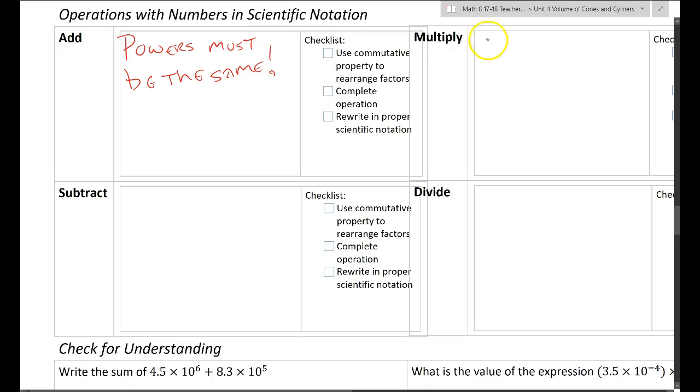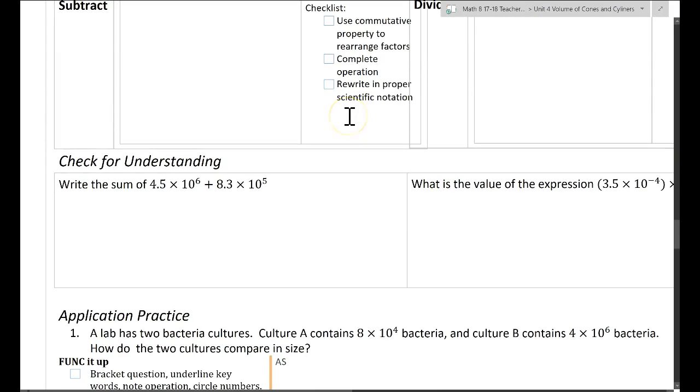For multiplication and division, it does not matter if the powers are the same. So, the basic steps you go through are we need to rearrange the factors, complete the operation, rewrite in proper scientific notation. So let's actually come down here and do this.